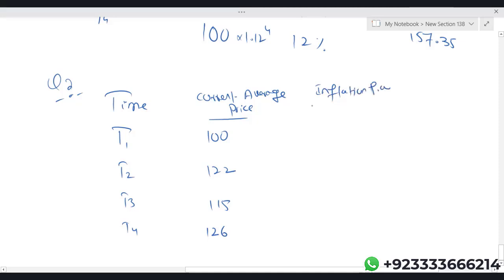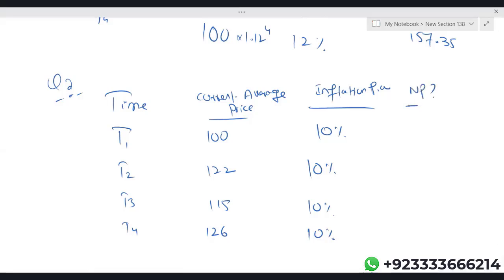Inflation per annum is 10%. Nominal price. Students, please quickly calculate the nominal price, everyone. Okay, let's see. Results are here.